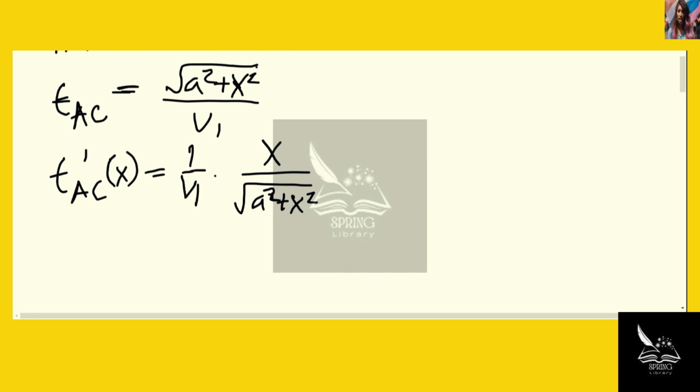Now we'll use trigonometry and the length of AC to find the value of sine of theta 1. Using triangles, this is x over the square root of a squared plus x squared.